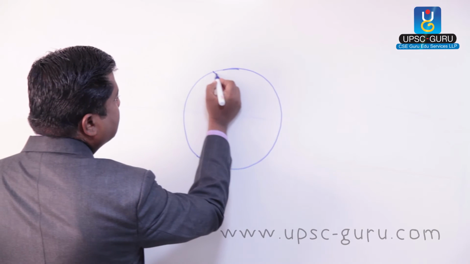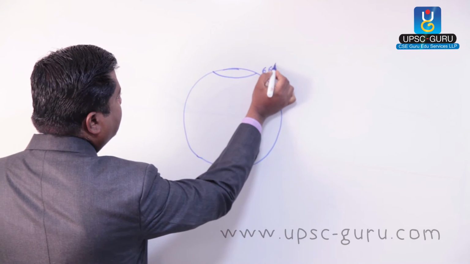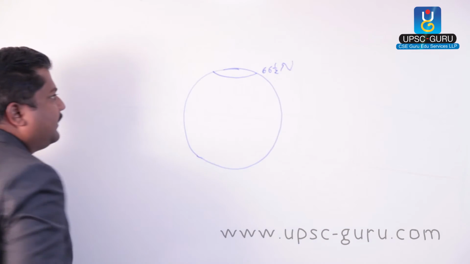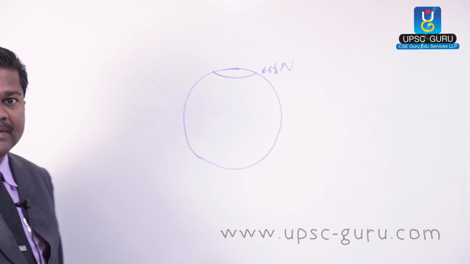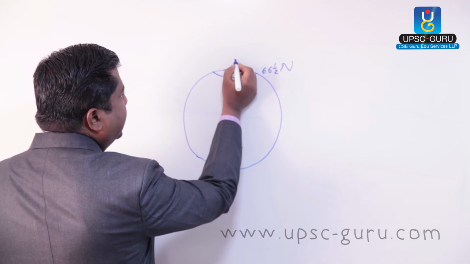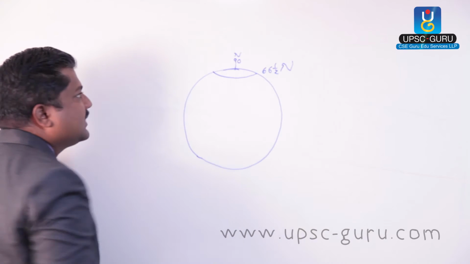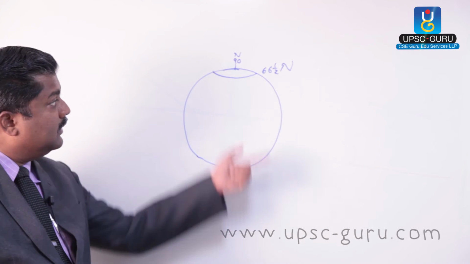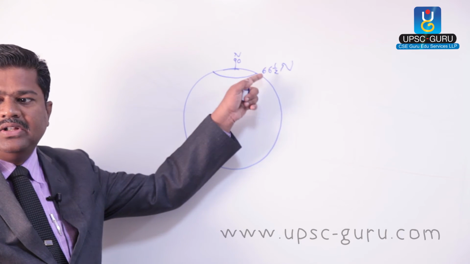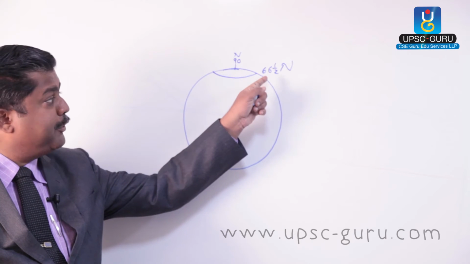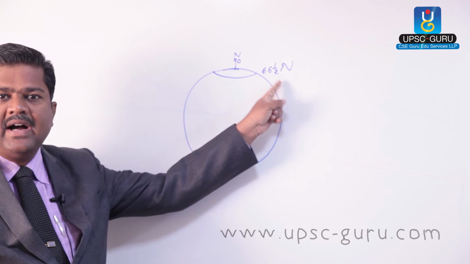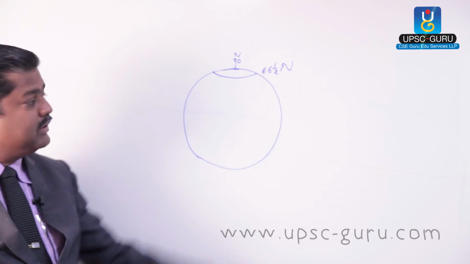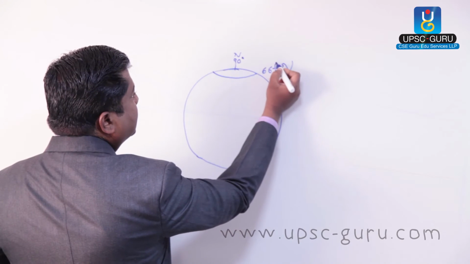You are aware this is 66.5 north, called the Arctic Circle, whereas this is 90 degrees north, which means this is the North Pole. These are called higher latitudes. Why higher latitudes? Because they range from 66.5 till 90 degrees.